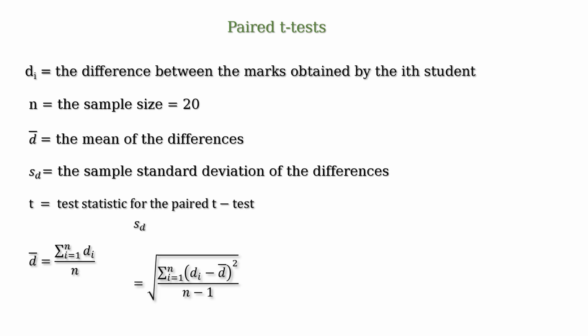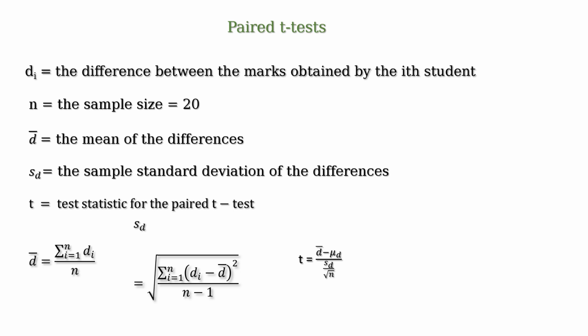Sd is equal to root over summation from i is equal to 1 to n di minus d bar whole square divided by n minus 1. And t is equal to d bar minus mu d divided by sd by root n.